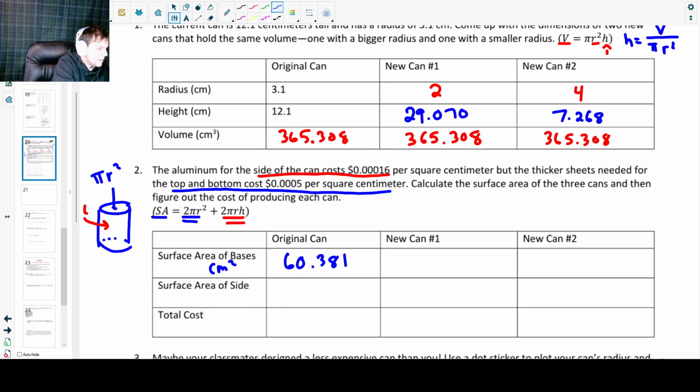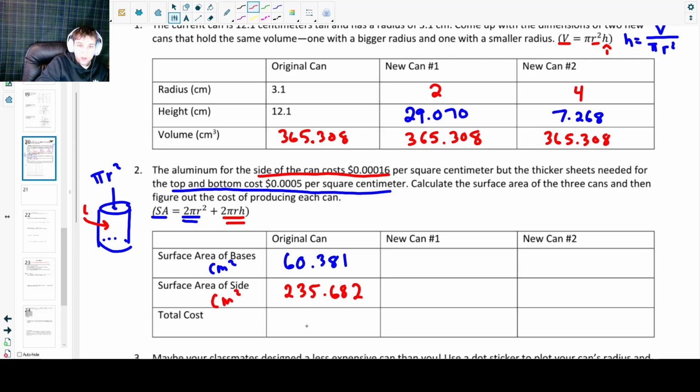And then the lateral surface area, so 2 pi times 3.1 times the height, which is 12.1. So the lateral surface area of the original is around 235.682. Again, I'm doing these calculations on the side. Feel free to check those as well. Just make sure I'm using the appropriate formulas, try to color code that.